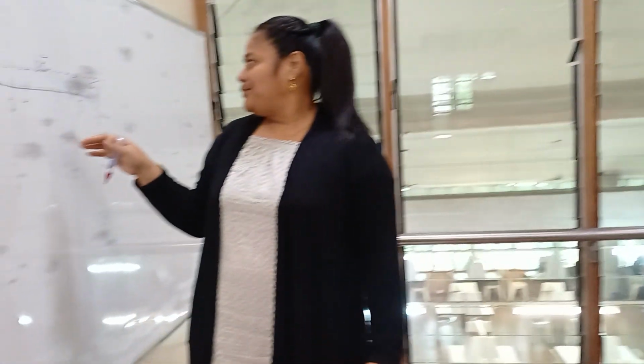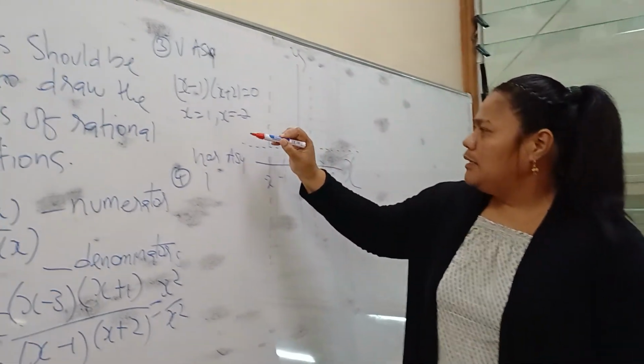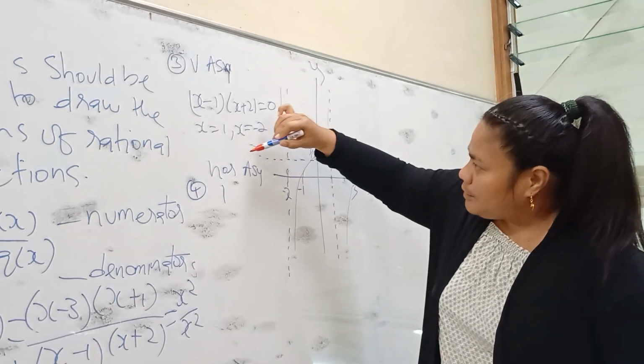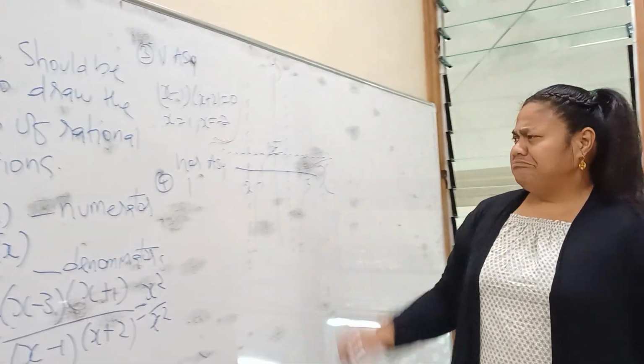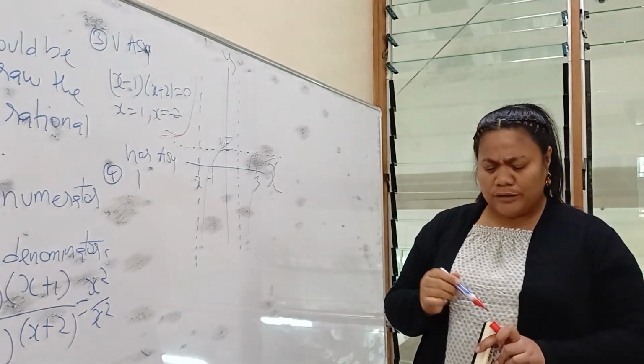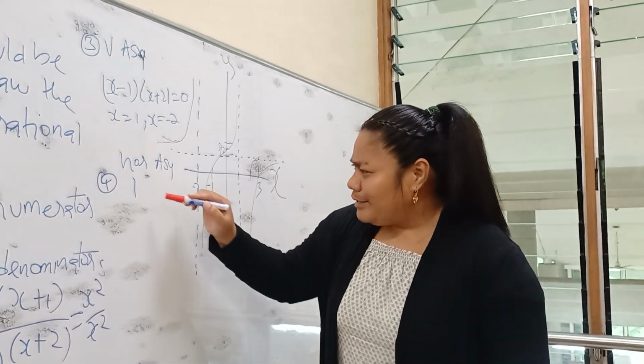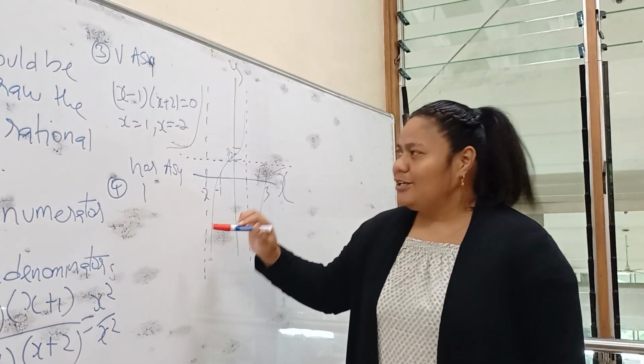The fourth quadrant and the second quadrant, okay? So this one must be somewhere here. But if you are confused, you must plot that, you must get like this, okay?